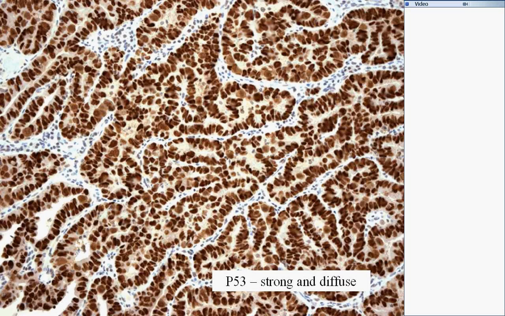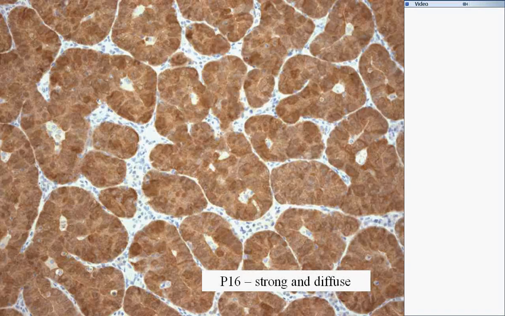As far as staining is concerned, let me mention it very quickly that in terms of diagnosing serous carcinoma and using P53, when we say positive, this is what I mean when we say positive. It should be extremely strong and diffuse like you see here. You can do a P16 and it's exactly the same thing. It's strong and diffuse.